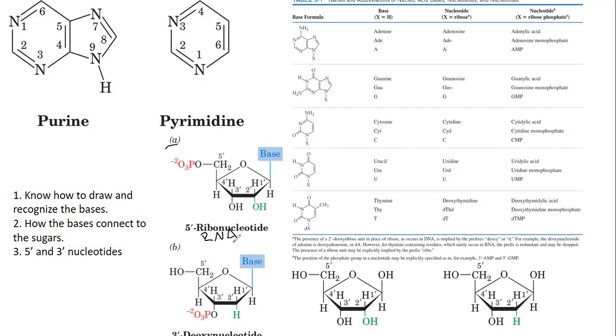I know the words are cut out, but this is a deoxynucleotide on B, which is DNA. Deoxy, because if you look at the 2' position, there's no oxygen, so deoxy. RNA does have the OH. Here's the ribose sugar, and here's the deoxyribose.